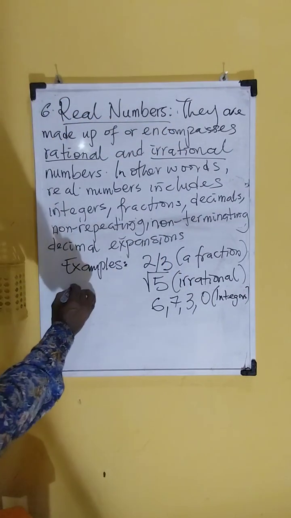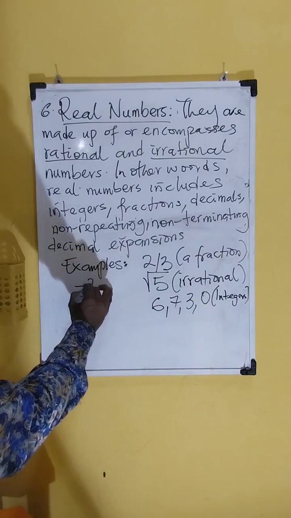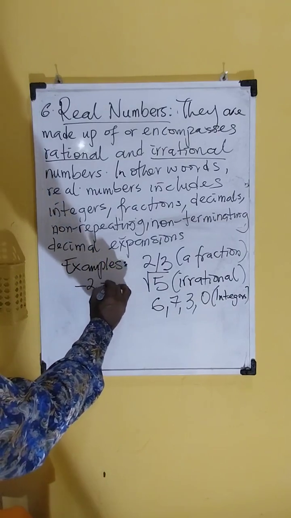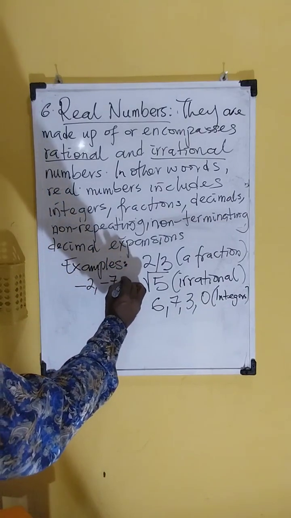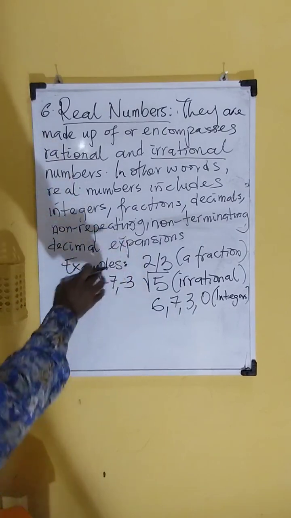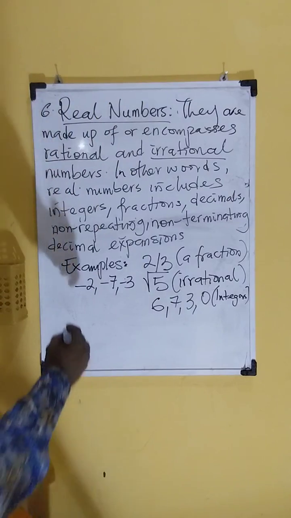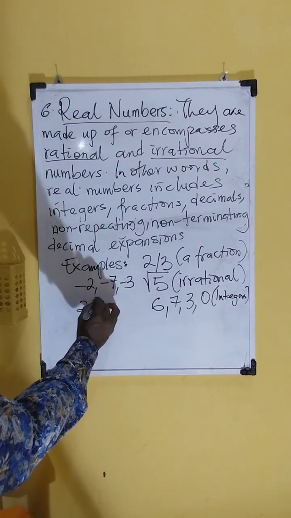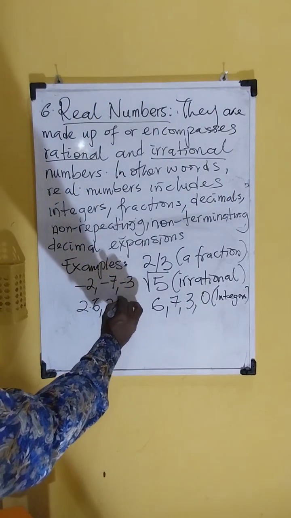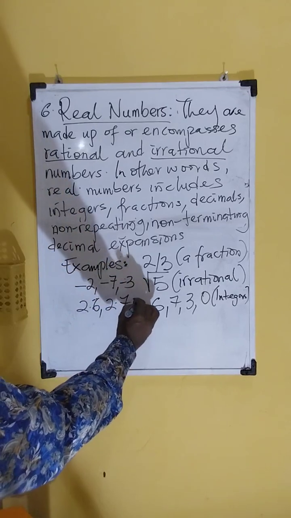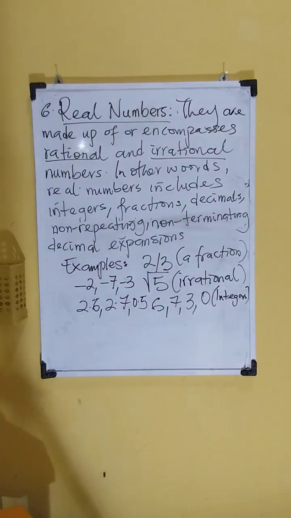So can we say that -2, -7, -3 are also real numbers? Yes, they are also real numbers. So 2.6, 2.7, 3, 0.5, they are also part of what?